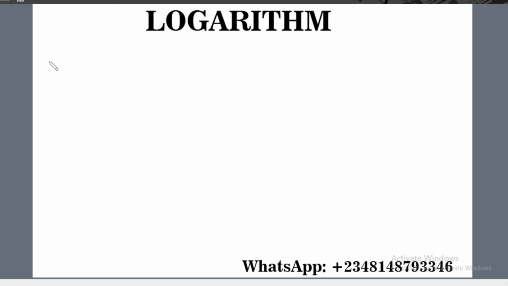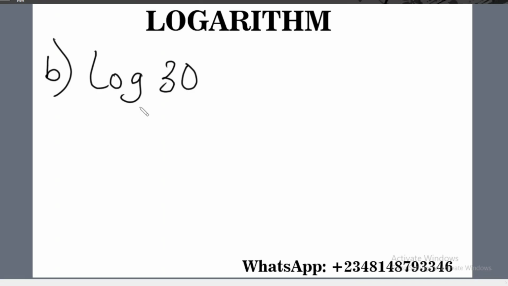So let's take another example. Log 30 to base 5 plus log 3 to base 5. How do we solve this? Remember the addition law of logarithm. Log 30 has base 5 and log 3 has base 5, so they have a similar base.